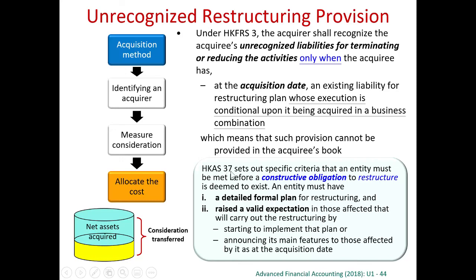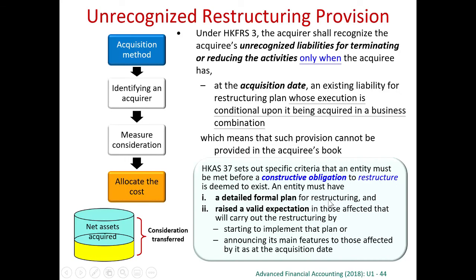Hong Kong AS 37 specifies that we may have to recognize a provision for restructuring if there's a constructive obligation. So when will we have a constructive obligation to restructure? First, you must have a detailed formal plan for the restructuring.